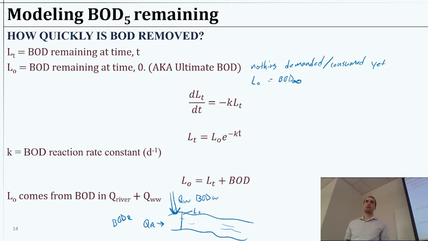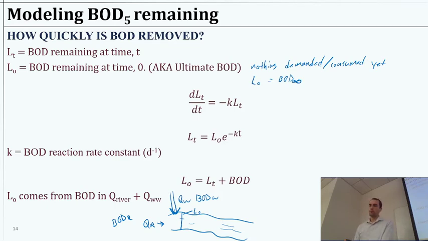Whatever BOD ultimate is there is what we define as our L naught. So that's going to be our representation of our starting point. We need to account for what's in the river already, and we need to account for the flow in the river mixing with our wastewater flow.